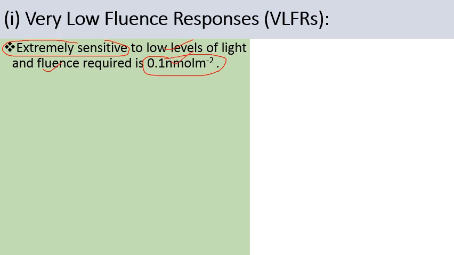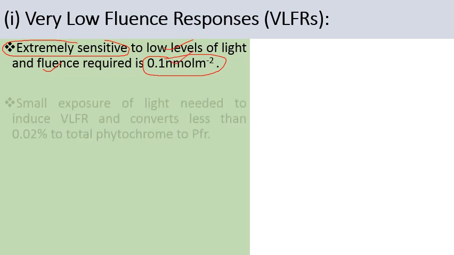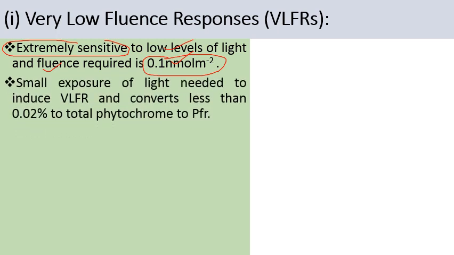So this is the range of this very low fluence response. So small exposure of light is needed to induce this VLFR response and convert less than 0.02% of total phytochrome to PFR form. So only a small amount of this PR form is converted to PFR form, that is 0.02%.